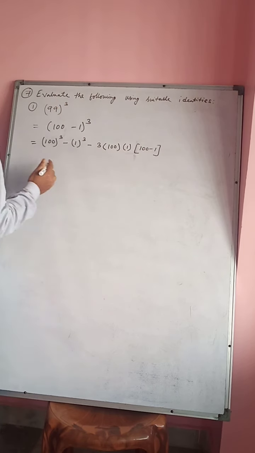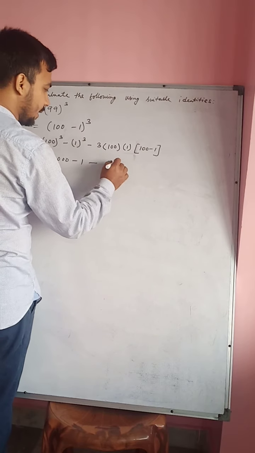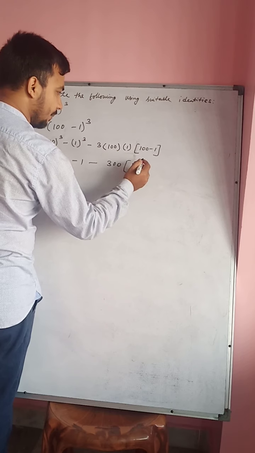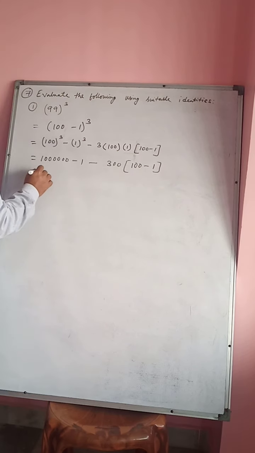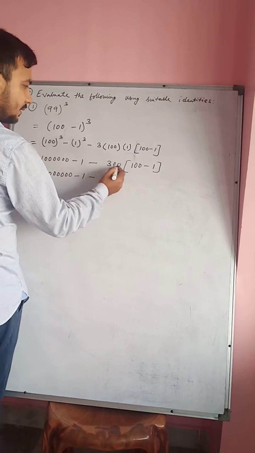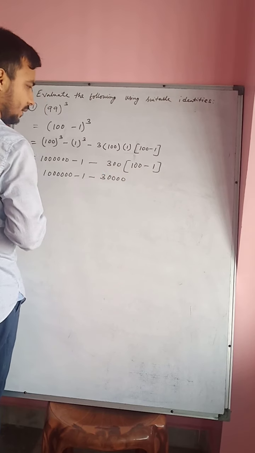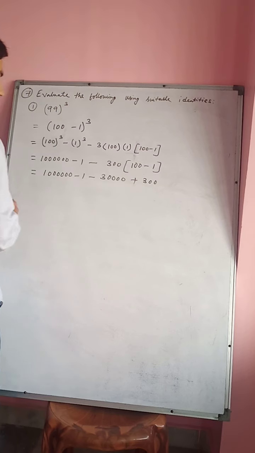Okay, so this will be, cube means there will be 6 zeros, minus 1, 3 into 100 will be 300, into 1 means 300 only, (100 minus 1). So this will be minus 1 minus 3 into 300 into 100 will be 30,000, minus minus plus 3 into 100 will be 300.